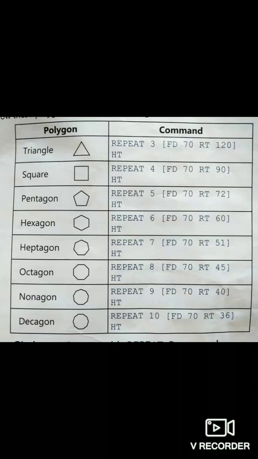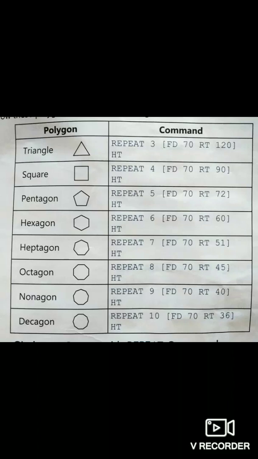After that, within the brackets, you have to mention the commands to be given, meaning FD and RT. RT means right turn, meaning you put the angle by which we can draw the closed figure.